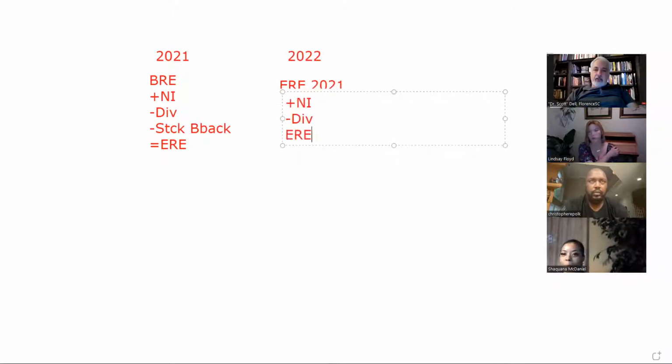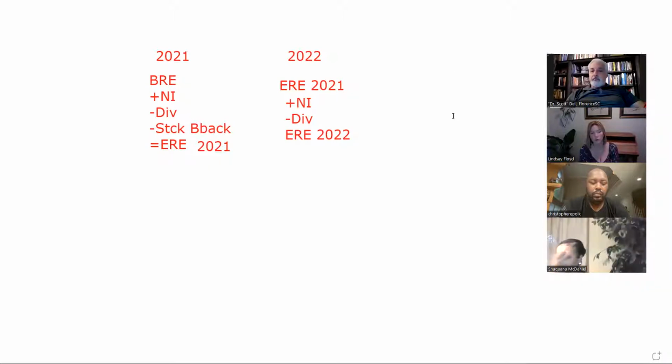The ending retained earnings 2022. This is ending retained earnings 2021. Does that make sense? So that's the big picture. And next year's beginning retained earnings 2023 is going to be the same as ending retained earnings 2022. We can do this forever. Does that make sense? Yes. Is that helpful? Yep. Good.